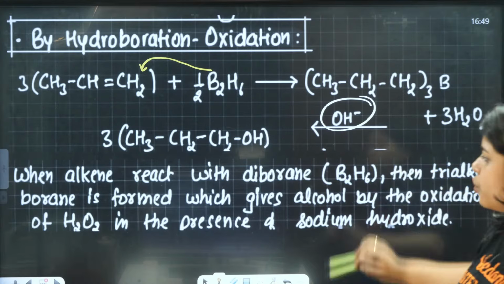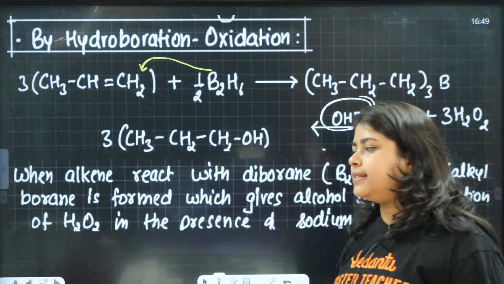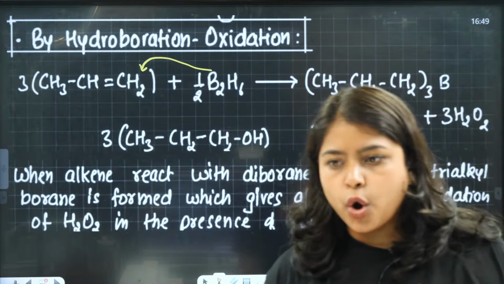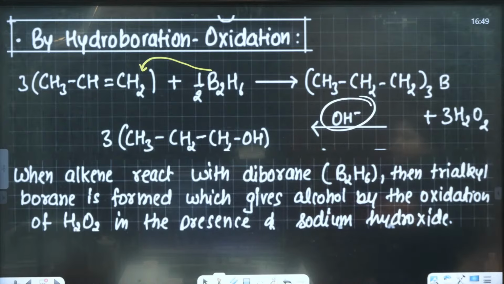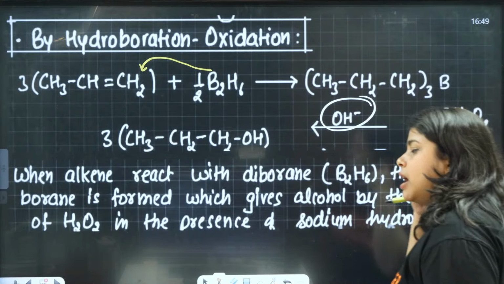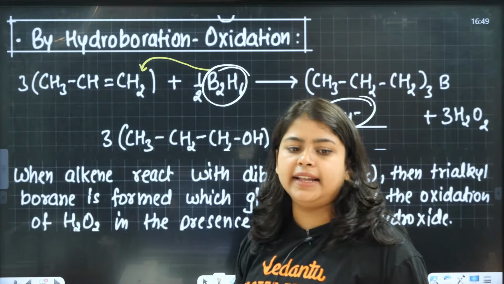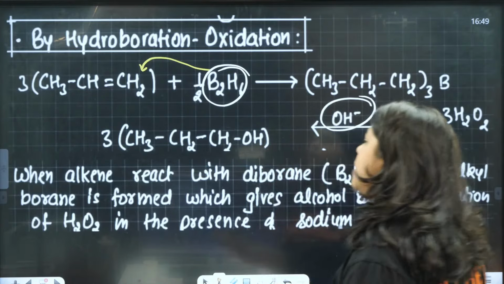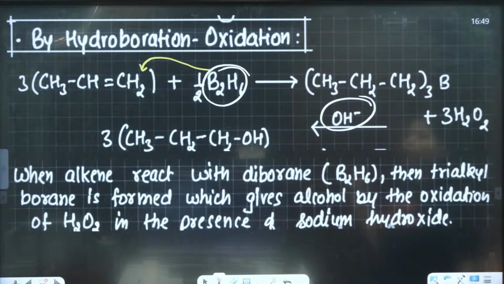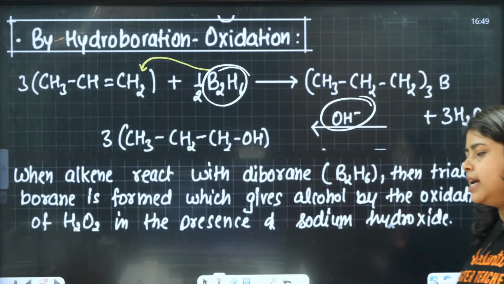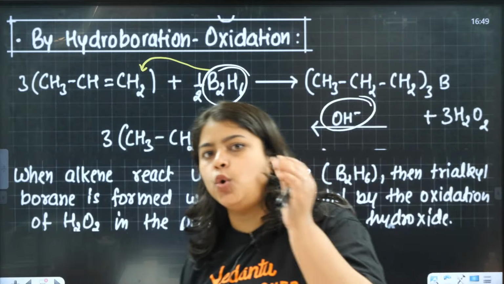It means addition of OH is being done. Whenever the alkene reacts with B2H6, we get the product CH3, CH2, CH2OH.